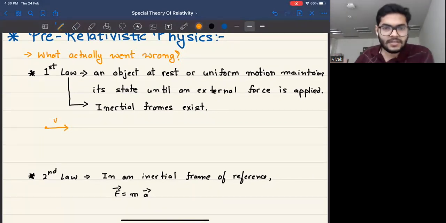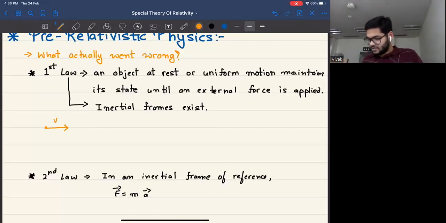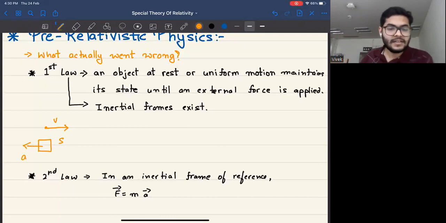But we are not talking about in what frame we are measuring this speed of the particle. So I can say that there is an observer S which itself is accelerating in this direction relative to this particle.